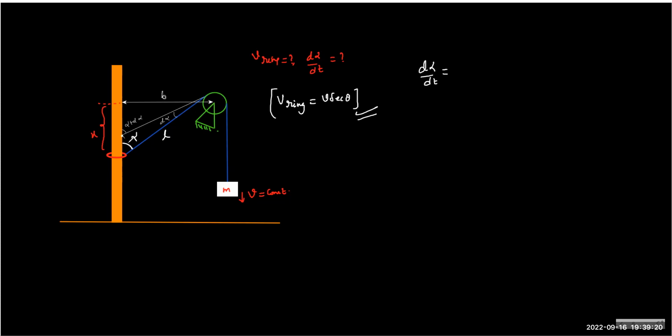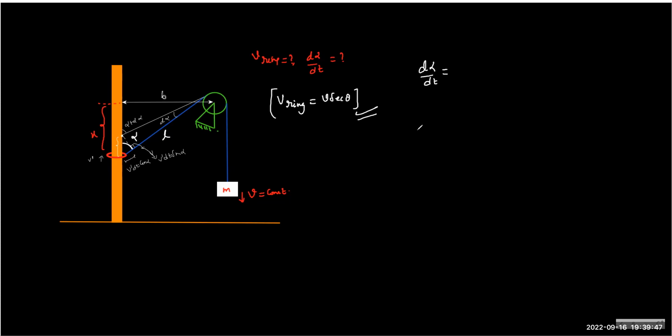Then I can draw a perpendicular from here to here, and this length we can calculate. Let's call this v dash. This is v dash dt, and this will be v dash dt cos alpha. So this will be v dash dt sin alpha, right?